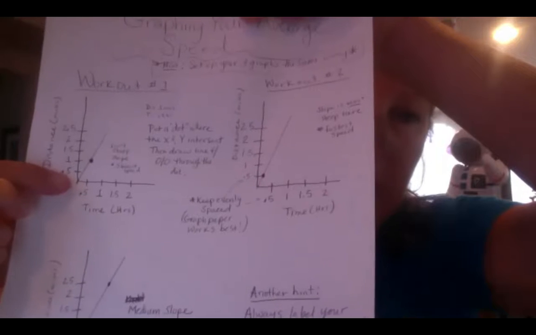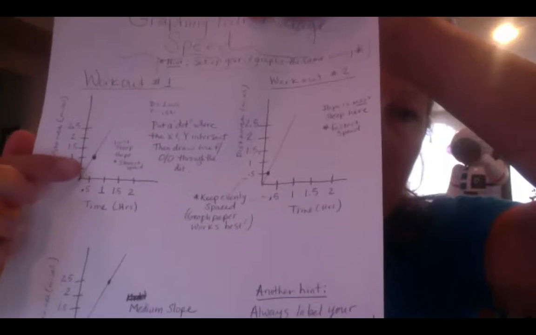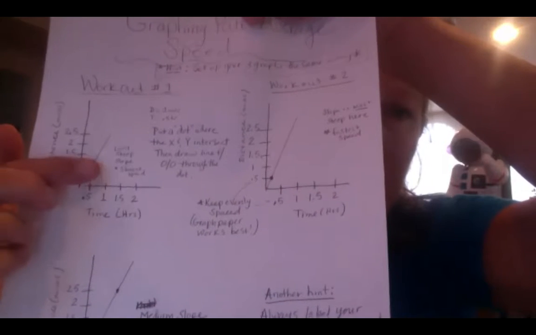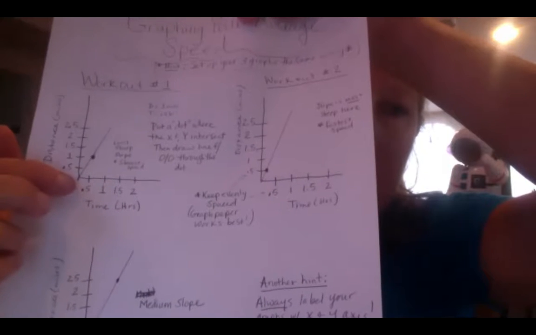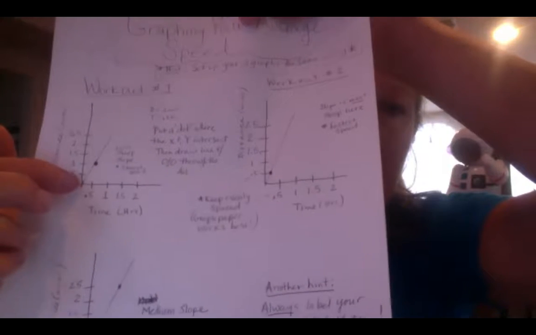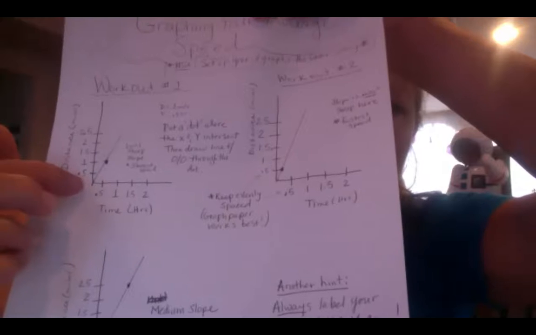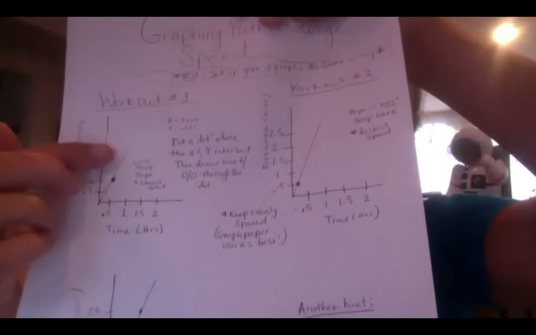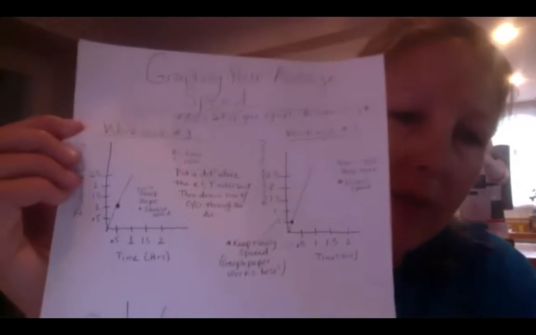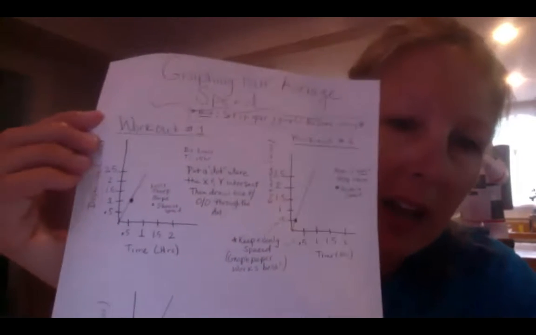So I took the intersection of the 1 and the 0.5 and put a dot right there. And then I drew a line from the 0, 0, the corner of the graph, and I used a straight edge and connected the dot and made my line there. And I did that for my workout number 2 as well.